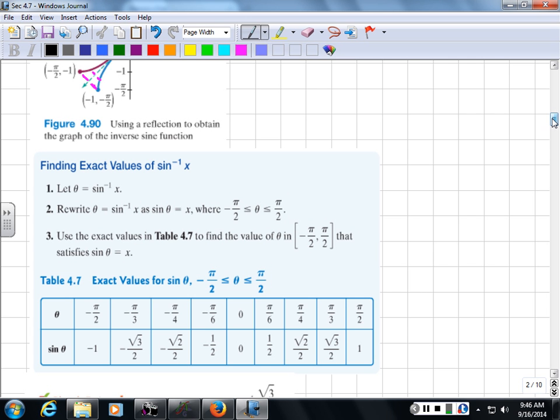And each one of these theta values will correspond to the y values on the unit circle. So these are ordered pairs on the sine wave. Now you don't necessarily have to memorize this chart, because if you've done your homework, you already know the unit circle, so you know the ordered pairs. Okay?